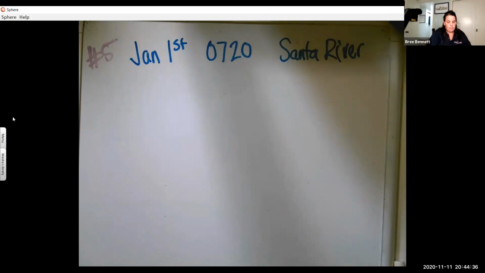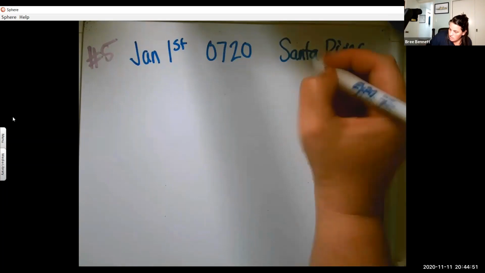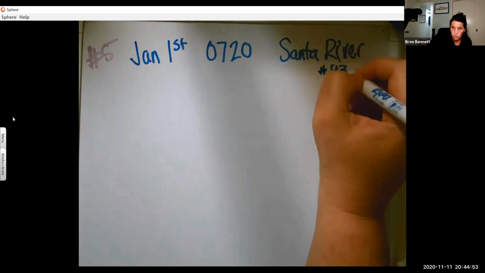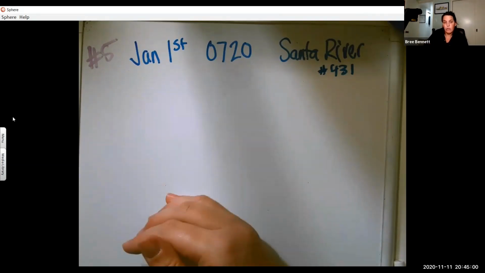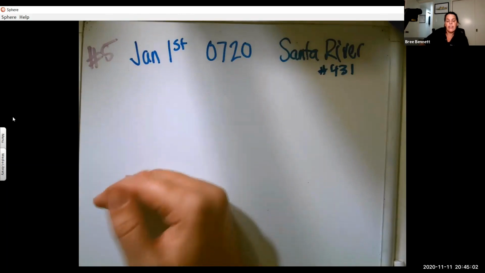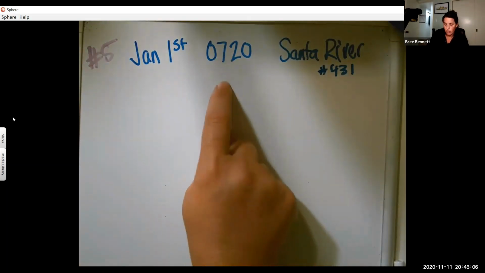If we look at our reference stations, Santa Ana River is number 431. On this one, we go all the way through our table 1 and 2, and then we move to table 3 because we have a specific time that we're looking for.